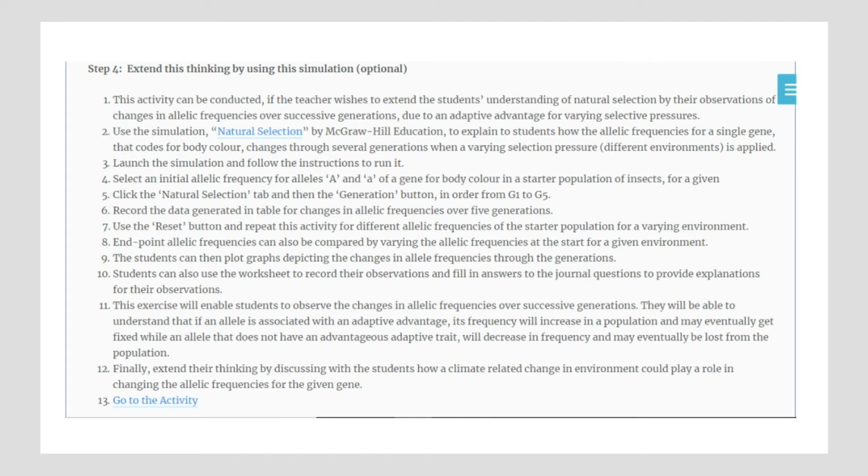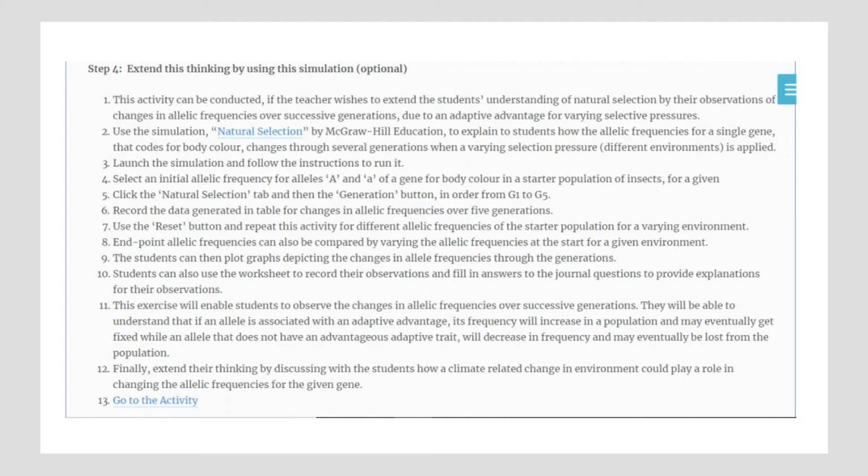This simulation by McGraw-Hill Education can be used to explain to your students how the allelic frequencies for a single gene that codes for body color changes through several generations when varying selection pressure is applied. A list of instructions of how you may be able to use this particular simulation is provided in this lesson plan. This exercise will enable students to observe changes in allelic frequencies over successive generations.